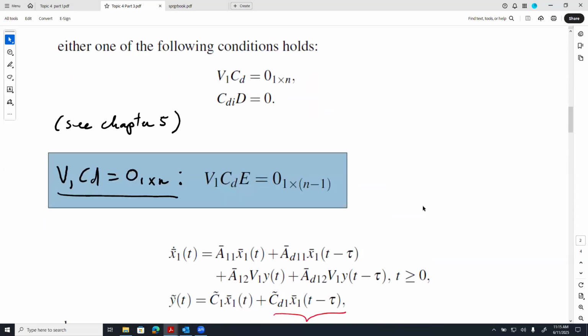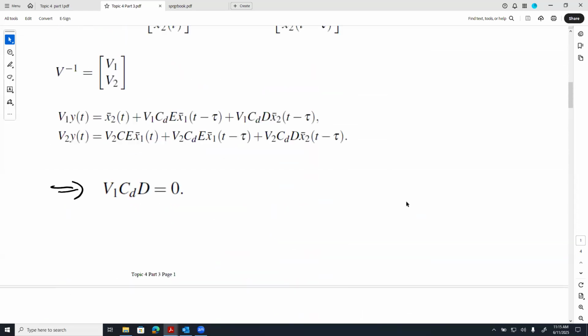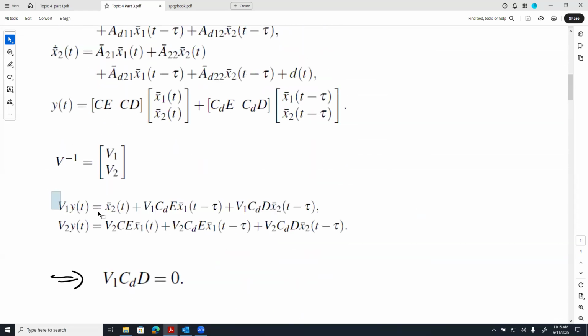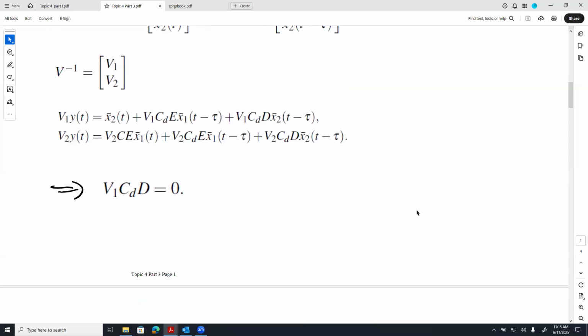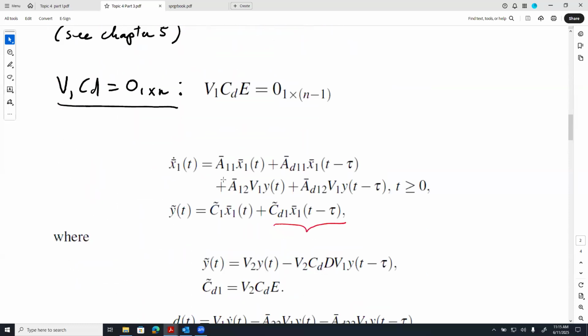And of course, when we substitute this x bar 2 of t back into this equation, we can easily obtain the reduced order disturbance-free time delay system. And that's exactly what happened in here. We plug it in and substitute it in, and we have this expression.